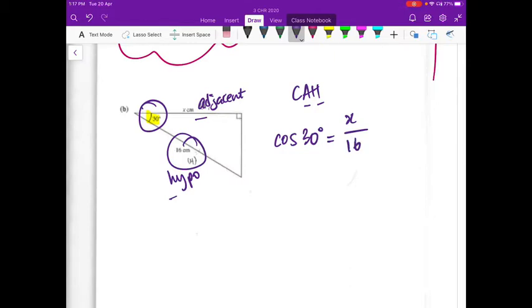Aloysius, what is the next step to find x? Yeah, how? Like this?